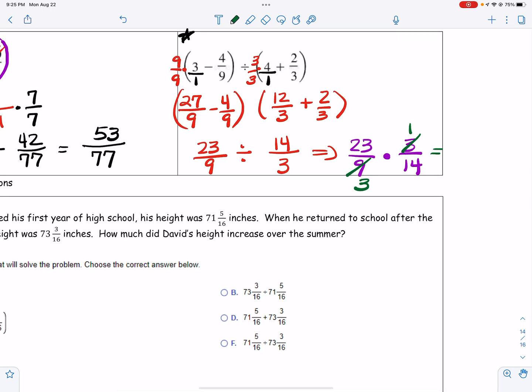So 23 times 1 is 23, and 3 times 14 is going to be 42. And that finishes up the multiple applications. Then I will start with the word problems. So we're going to end there.